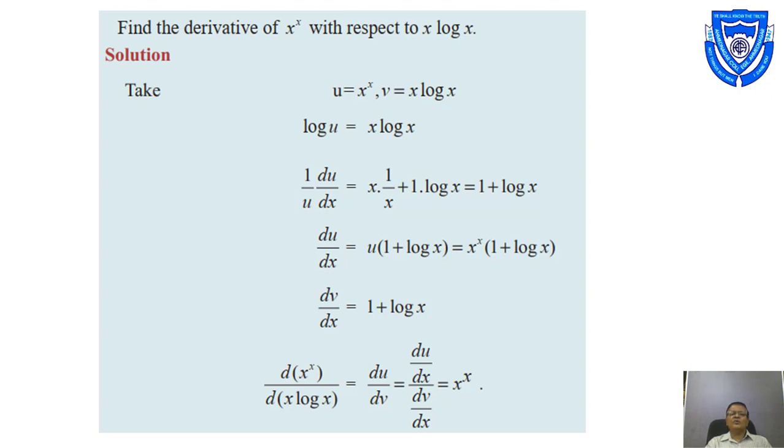We have to differentiate x raised to x with respect to x log x, which means differentiate u with respect to v, to find du by dv. Du by dv is equal to du by dx divided by dv by dx. Here is the formula. Du by dv is the derivative of u with respect to x upon the derivative of v with respect to x. So you can read this simplification part, and the answer is x raised to x.